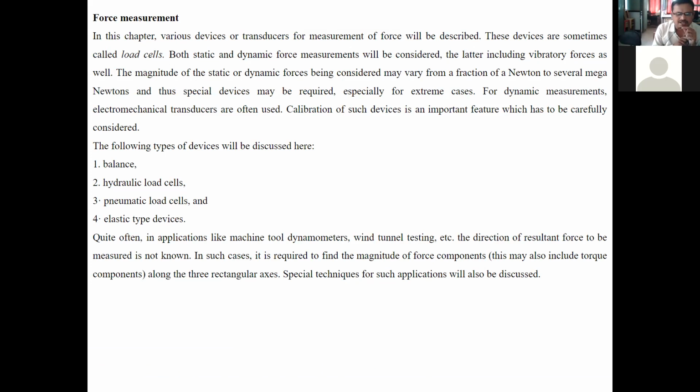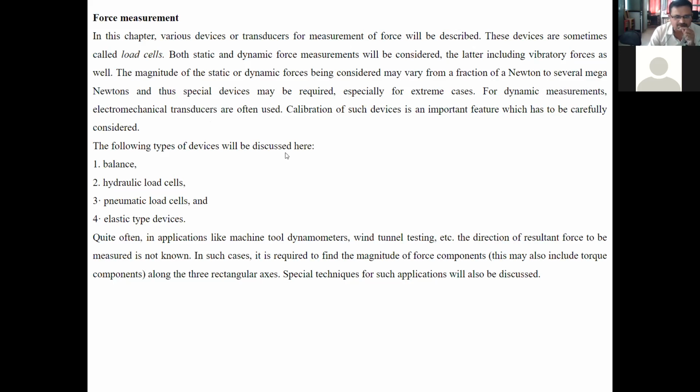The magnitude of the static or dynamic forces being considered may vary from a fraction of a Newton to several meganewtons, and thus special devices may be required, especially for extreme cases. For dynamic measurements, electromechanical transducers are often used. Calibration of such devices is an important feature which has to be carefully considered.